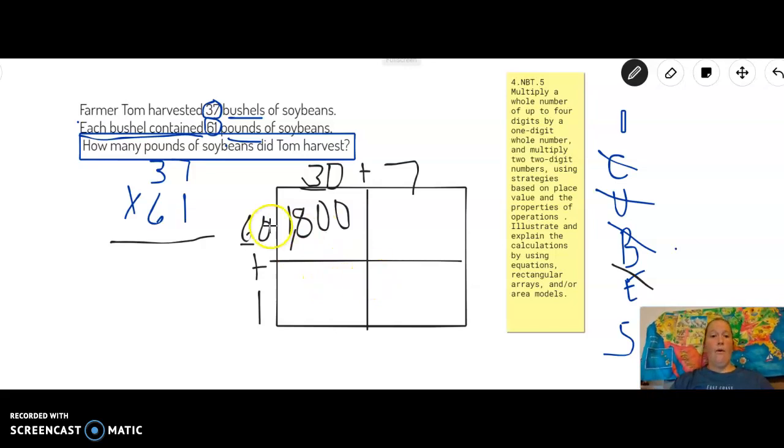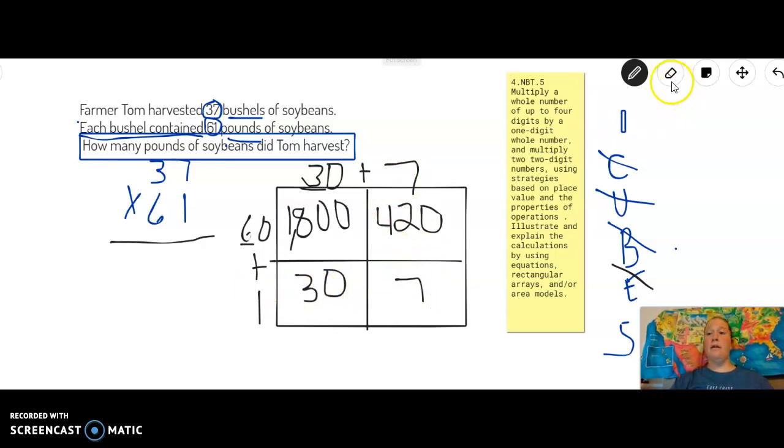Now, 60 times 7. So we have 6 times 7, 42, and tack on that 0. Easy peasy when we multiply by 1. 30 times 1, any number times 1 is itself. And 7 times 1, 7.